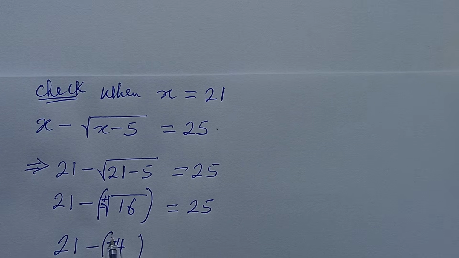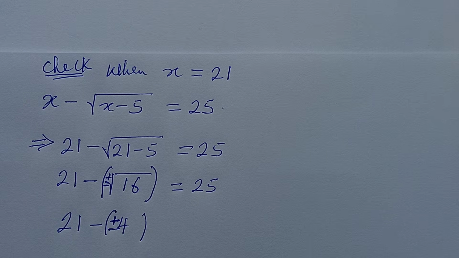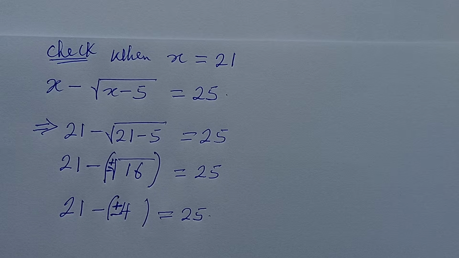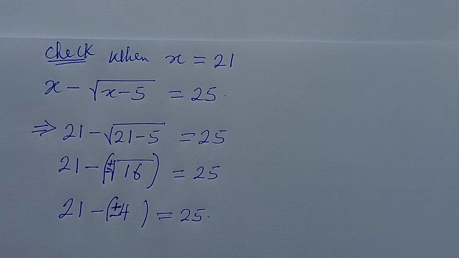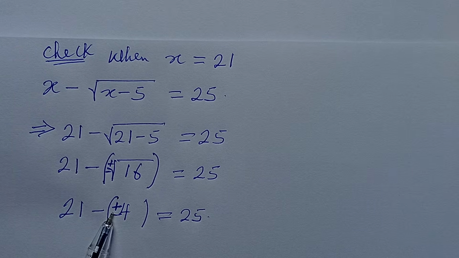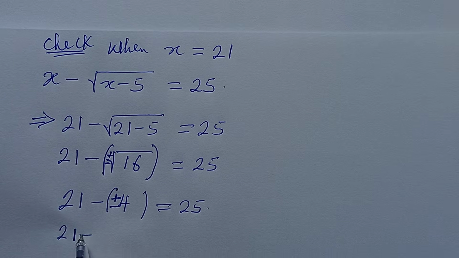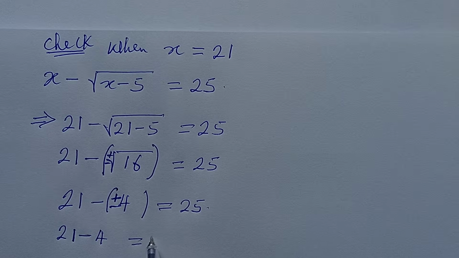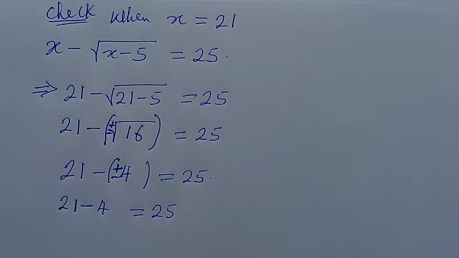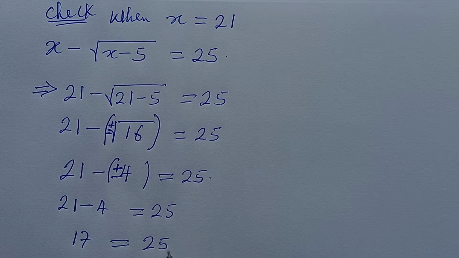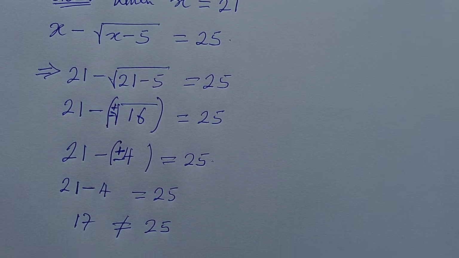So we have plus or minus 4 in here, everything equal to 25. So we have two possibilities here. If we take the plus, we have 21 minus 4 equals 25, and subtracting gives us 17. So we have 17 equal to 25. But we know that 17 is not equal to 25. So what happened?